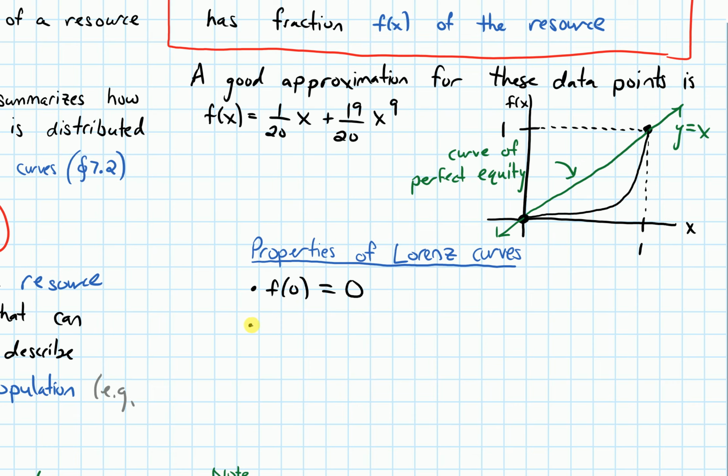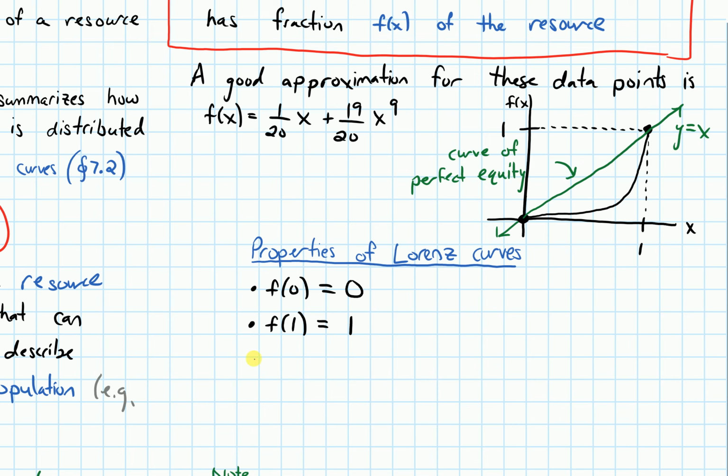On the flip side, f of 1: that 1 inside the parentheses is 100%, the bottom 100% of the population. How much of the resource does the bottom 100% have? Well, everything, because 100% of the population is everyone. So this output should be 1.